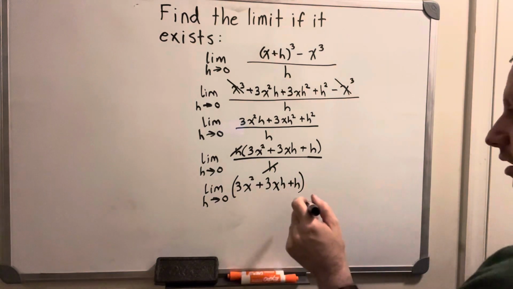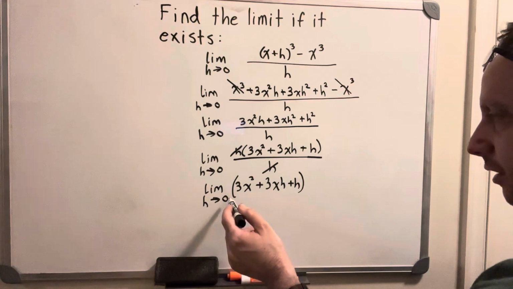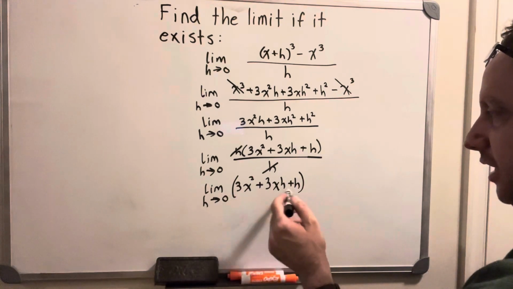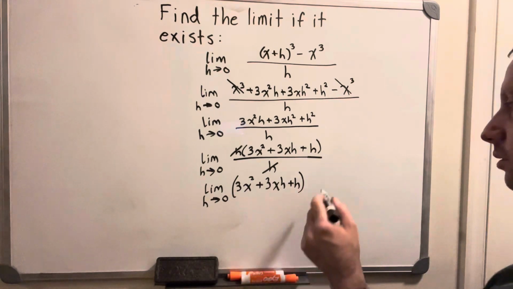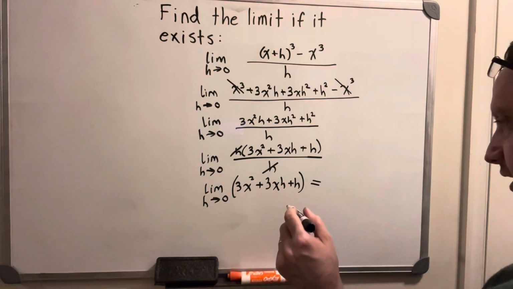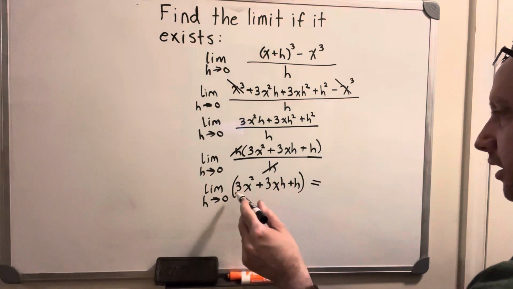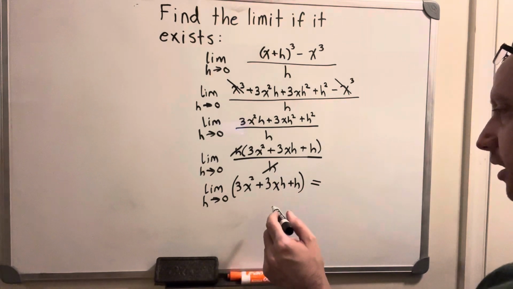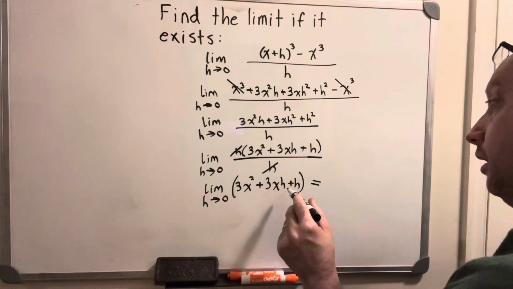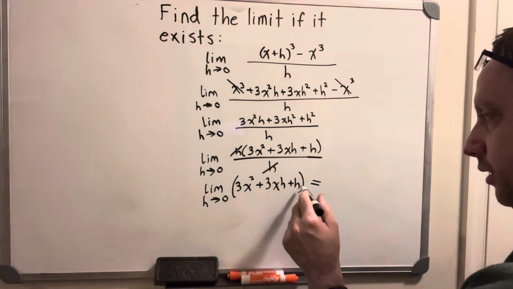And now, for evaluating the limit, is there any problem? Does it become undefined if h is 0? No, it's okay to make h equal to 0 right now, because there's no more denominator with h's in it. Now, when h is 0, what happens to these two terms?